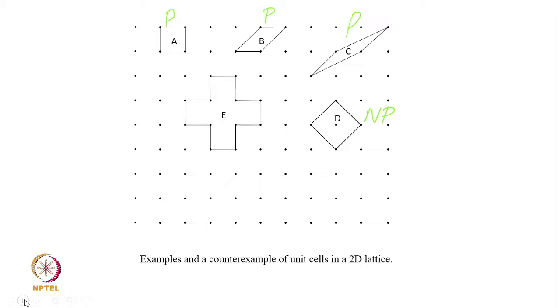No, not a unit cell. What was the definition of a unit cell? It should tile the entire plane. Will it tile or will it not tile? It will. It will tile? Yes. It will overlap. No, sir. If we tile, it should not overlap. Okay, left as an exercise, will not answer.